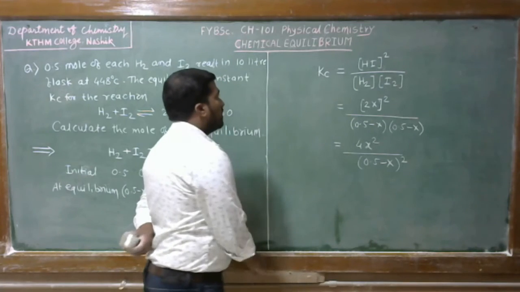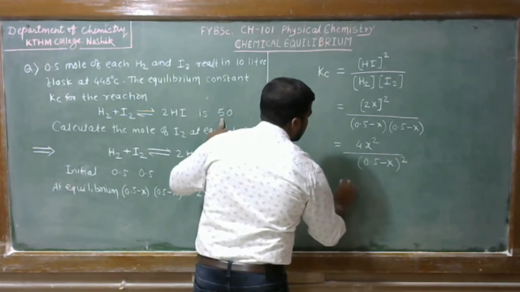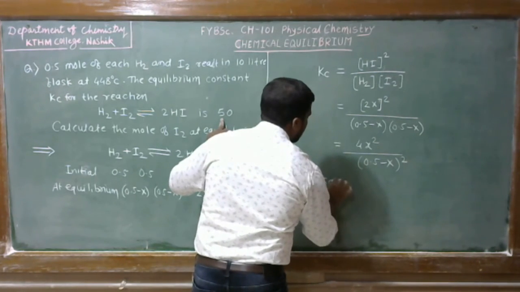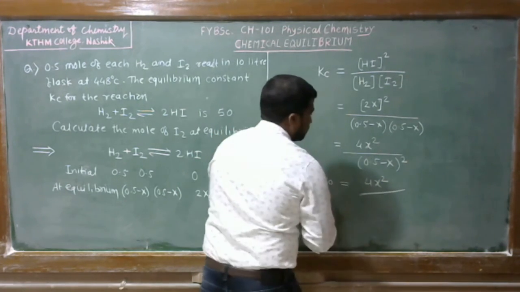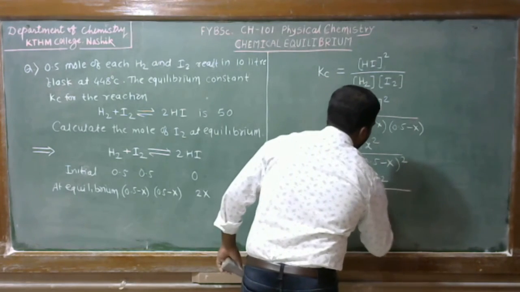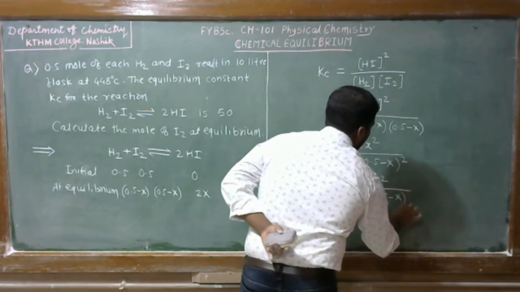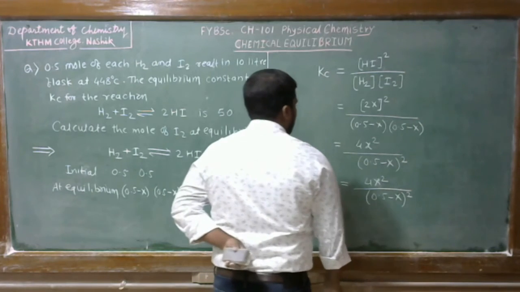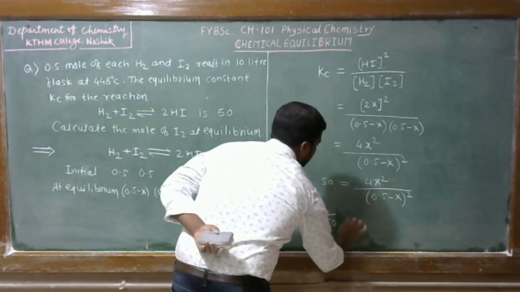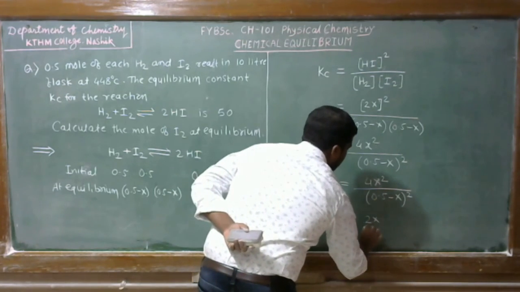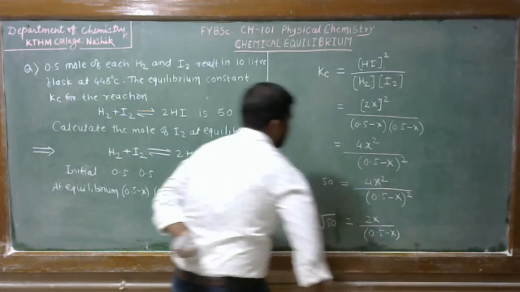Now here the equilibrium constant for this reaction is also given. So the equilibrium constant is 50. Equilibrium constant 50 is equal to 4x square divided by 0.5 minus x bracket square. Okay, so we can write this equation like this: under root 50 is equal to 2x divided by 0.5 minus x.